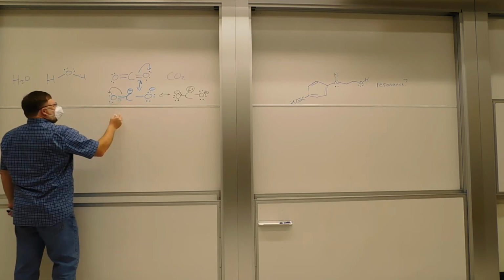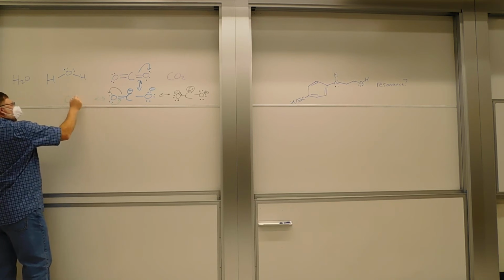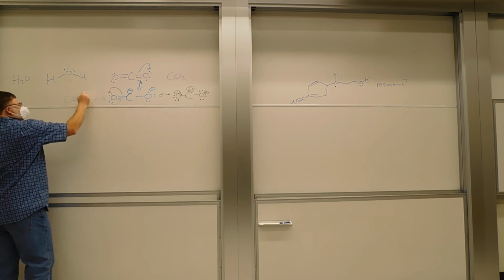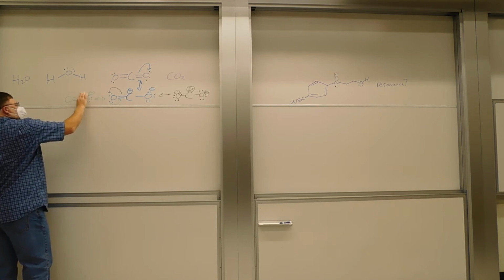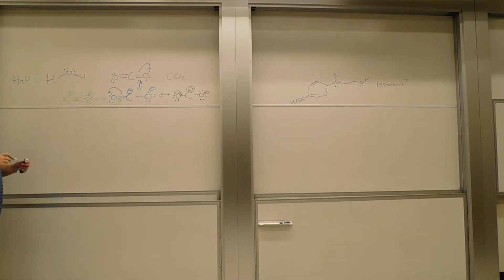Using a green arrow, we take a lone pair on the oxygen and have it use that lone pair to make a third bond to the plus carbon. So this is also a resonance structure. These are a lot of resonance structures for carbon dioxide. Carbon dioxide is a pretty simple molecule, and yet it's got all these different resonance structures.